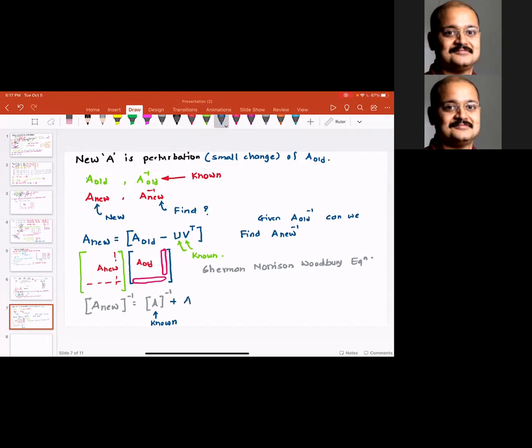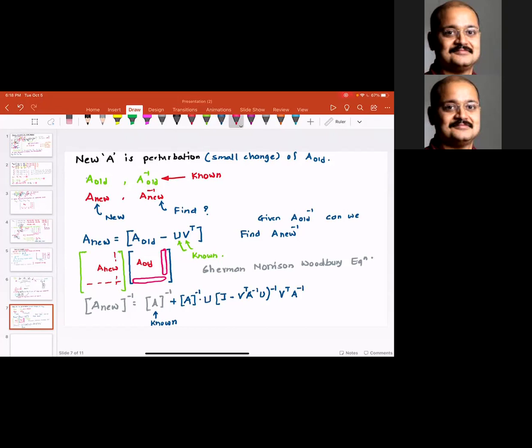Plus A inverse U, I minus V transpose A inverse U, inverse, times V transpose A inverse.